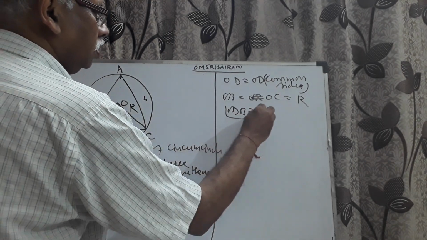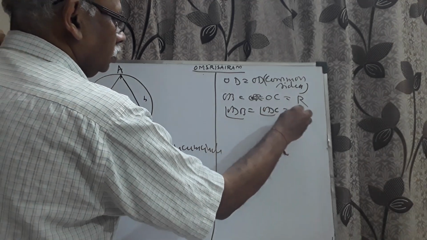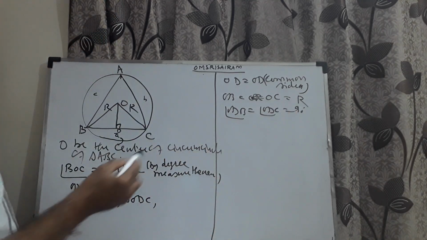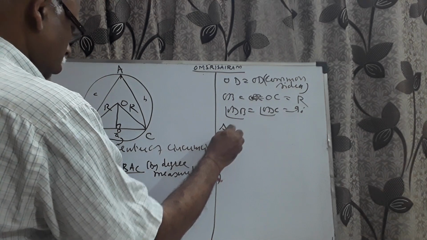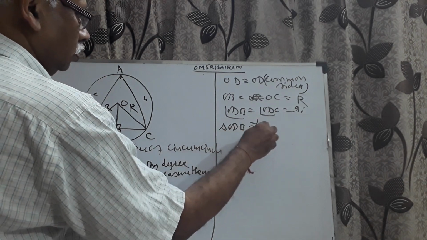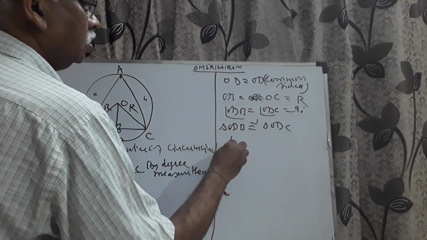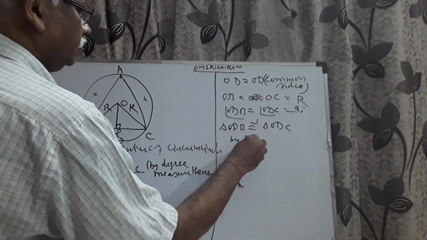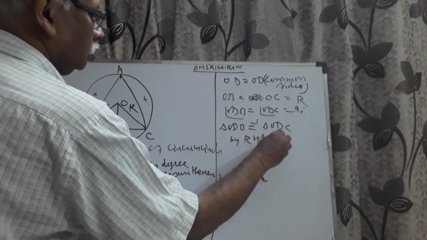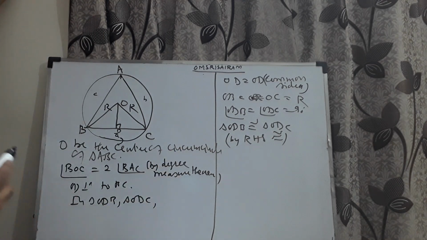Angle ODB is equal to angle ODC is equal to 90 degrees. That's how the construction is done. Therefore, triangle ODB is congruent to triangle ODC by RHS congruence. Right angle, hypotenuse, and one side of a triangle are equal to the right angle, hypotenuse and corresponding side of another triangle.